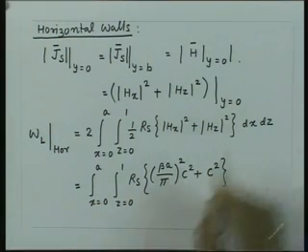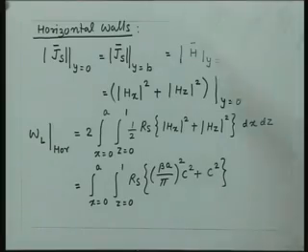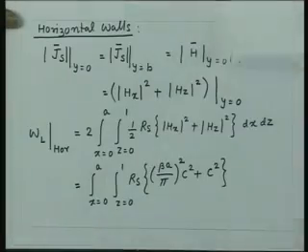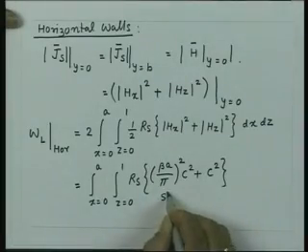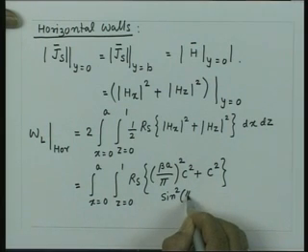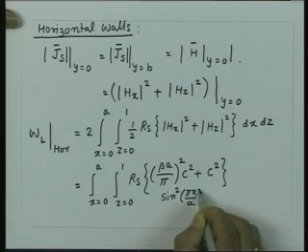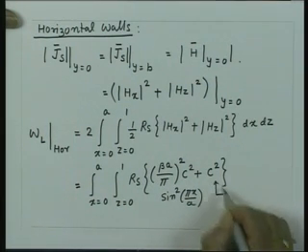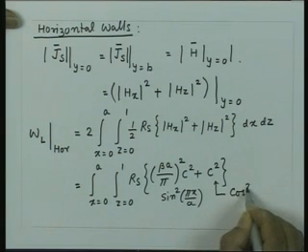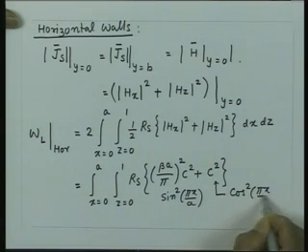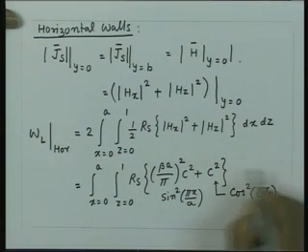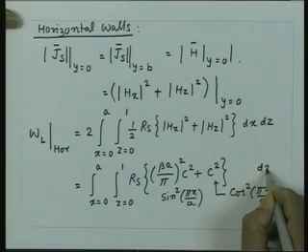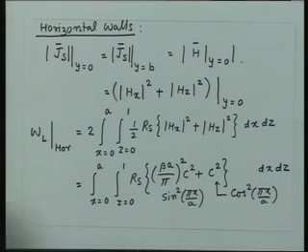This term will be having a variation which is sine of pi x by a, so this will be multiplied by sine square pi x by a, and this will be multiplied by cos square pi x by a, integrated over dx dz.